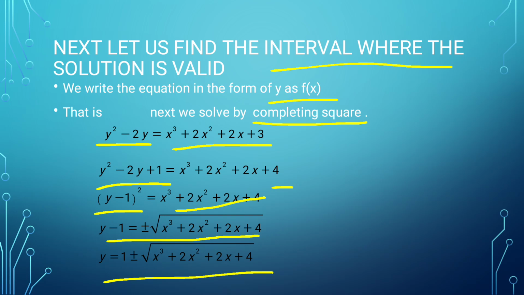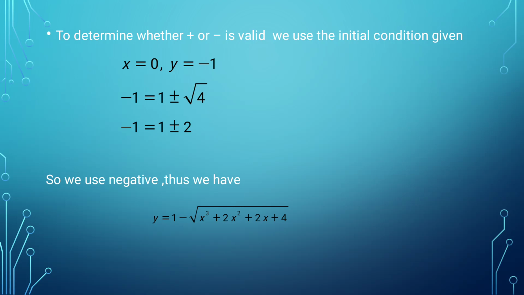So having gotten that, we want now to check the validity of our solution. So we determine, using either the positive sign or negative sign, which one our solution is valid for. So if we take from the initial value conditions, our x being 0 and y being -1, the value of y is -1 plus, and we substitute x with zero, then we come up with this kind of answer here, which is basically this answer.